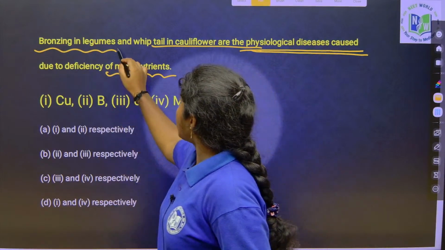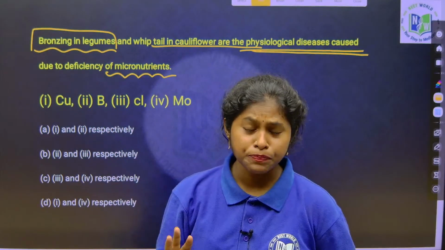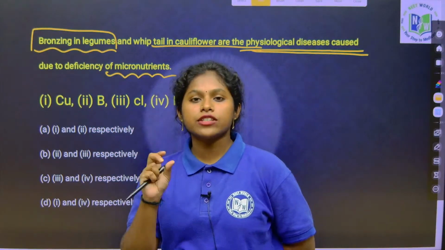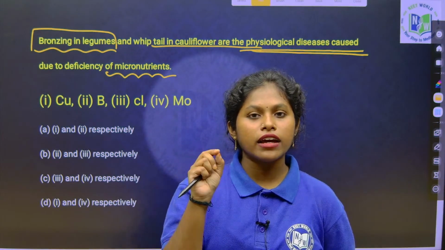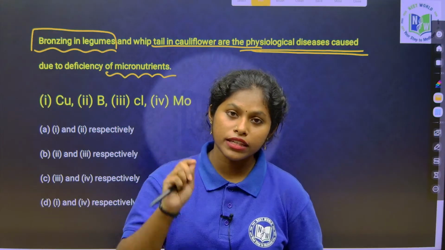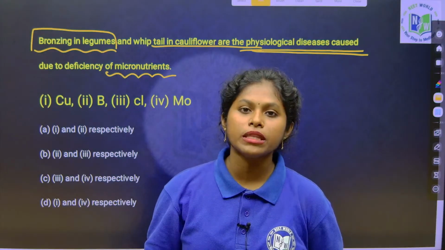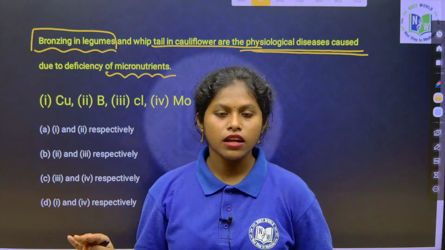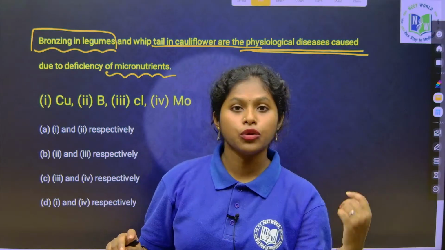We all know, when discussing the chapter, that the specificity of nutrients is very important. Even if the requirement is very low, the element must be there, because they are directly involved in the process of metabolism, right? It cannot be replaced by any other nutrient.